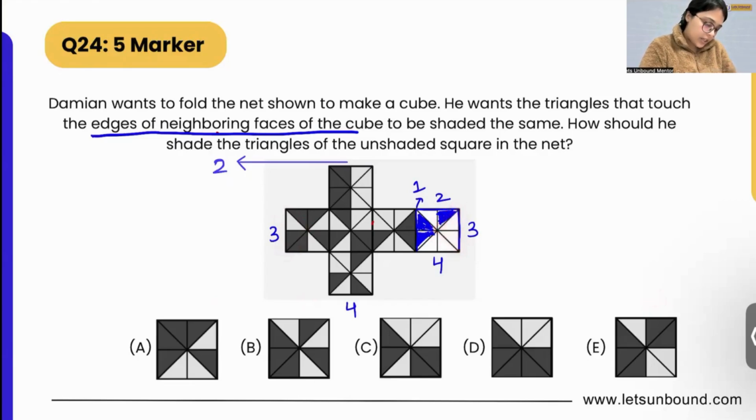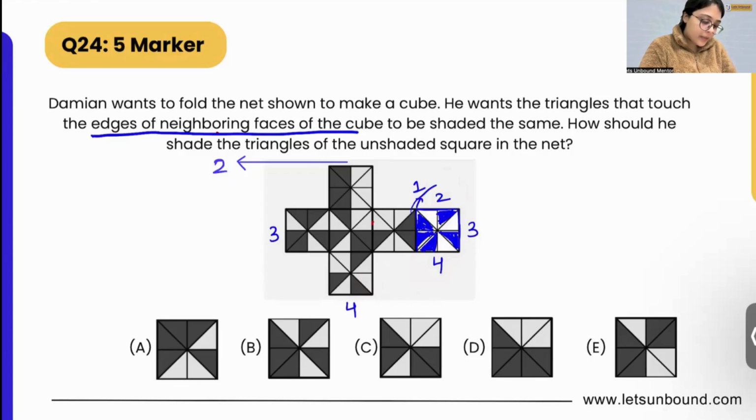So I'll shade it for you. Third is also done. Now, how will the fourth one look? As we did for the second, it was just the opposite. Same way for the fourth, it will be opposite. If it is shaded on the right, here we need to shade on the left. So that was the whole trick.